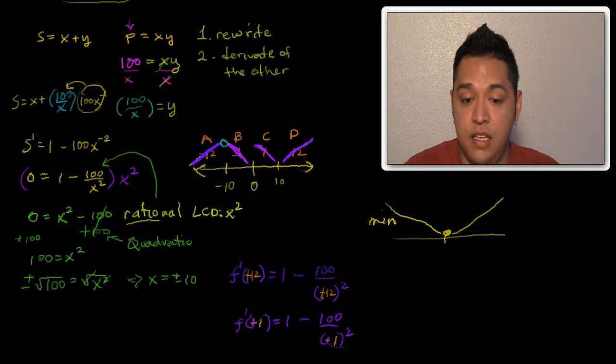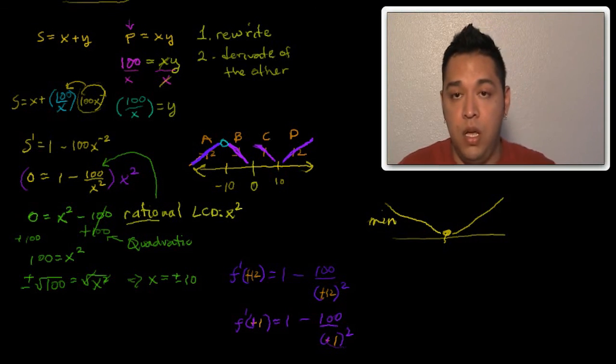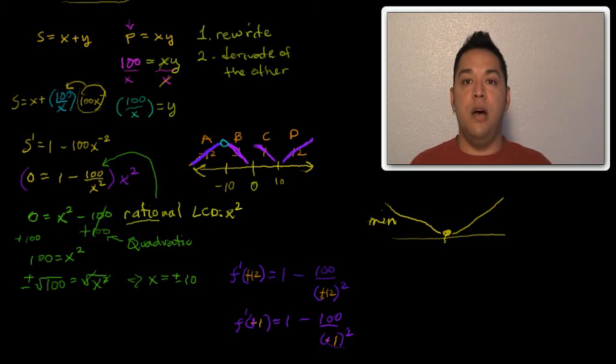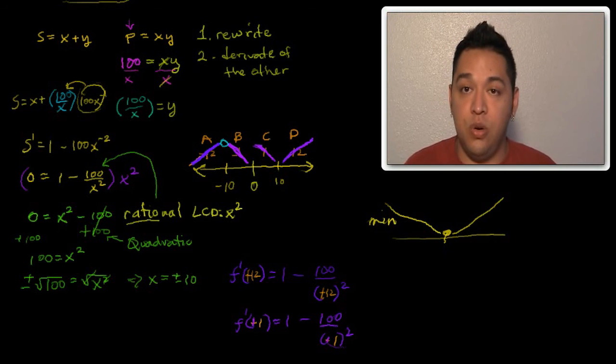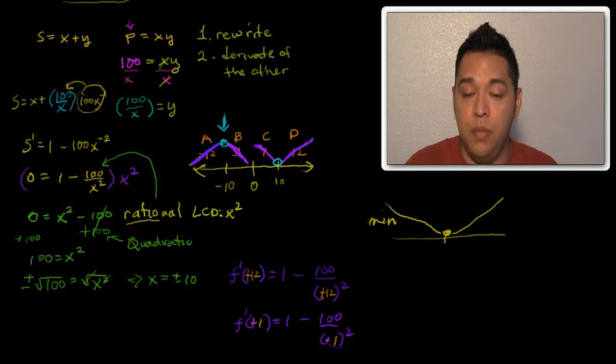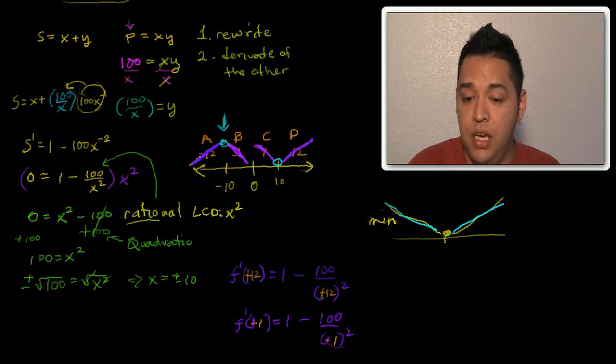Notice that at this point, let's imagine a roller coaster, we're increasing, so we're going up the roller coaster, then we plateau. What is that called? That's a maximum. So that's no good, right? I don't want the maximum. I want the minimum, which would occur right here, because at that point I'm decreasing and then increasing.